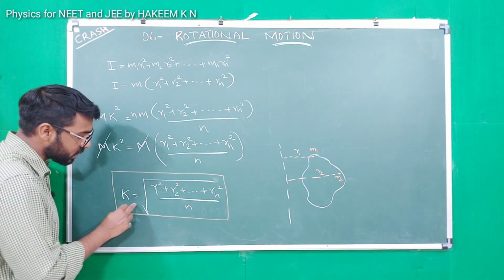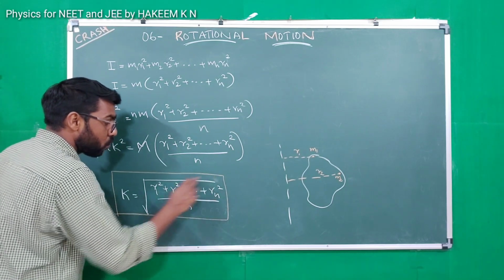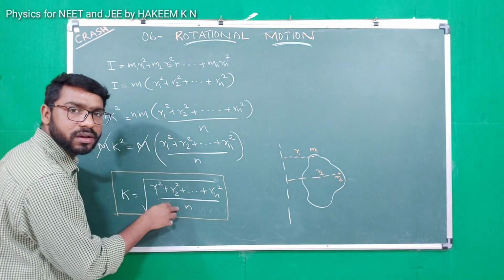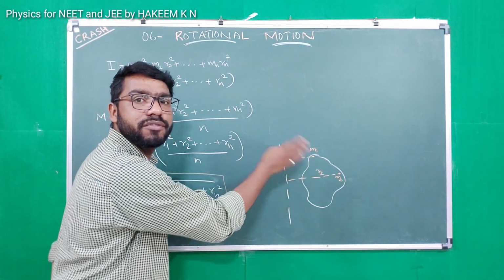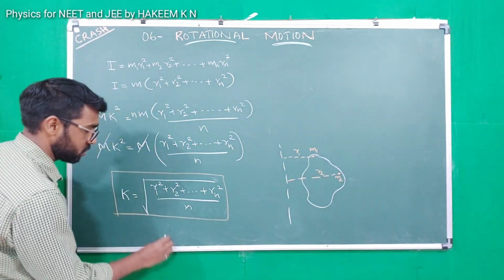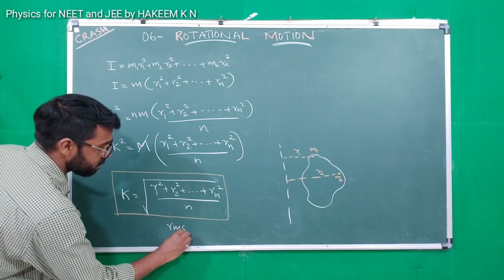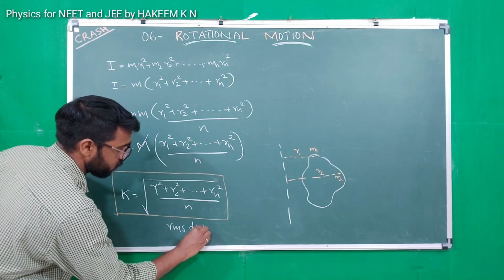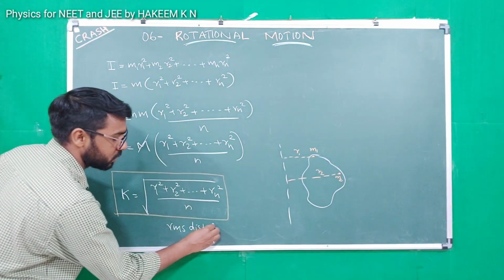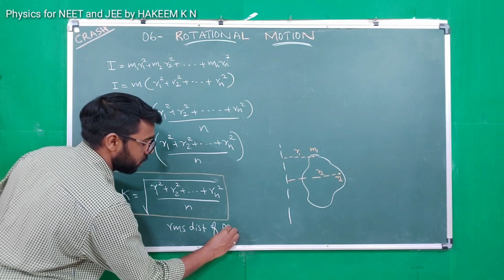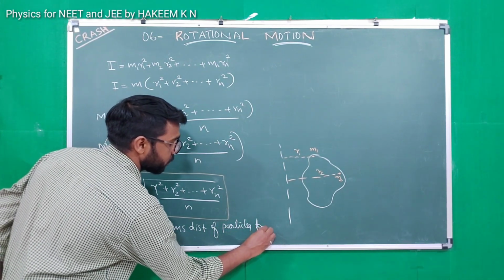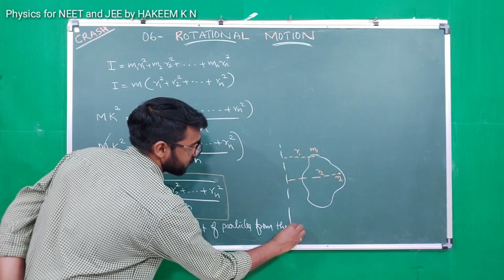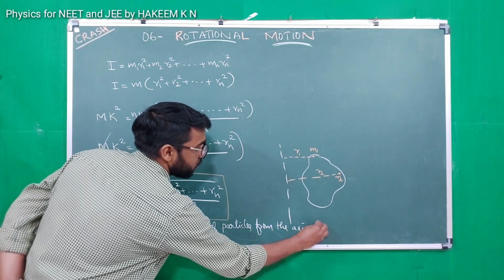Radius of gyration is the root mean square of distances of mass particles from the axis of rotation. We can say RMS distance, root mean square distance of particles from the axis of rotation.